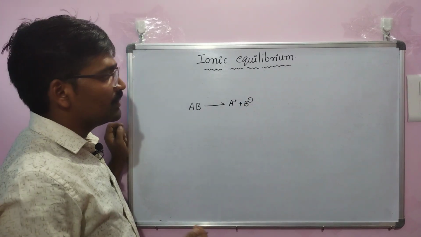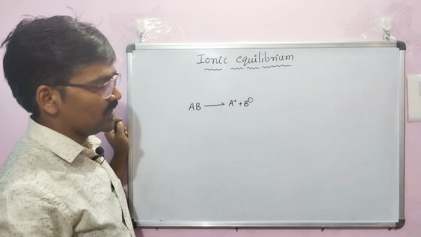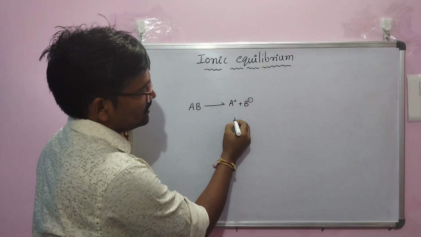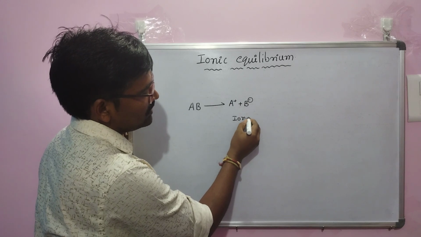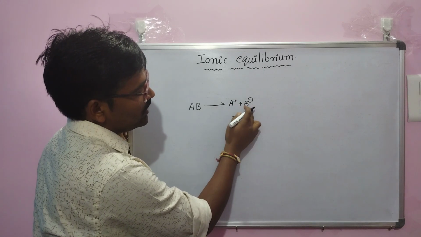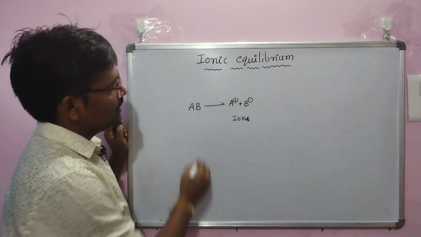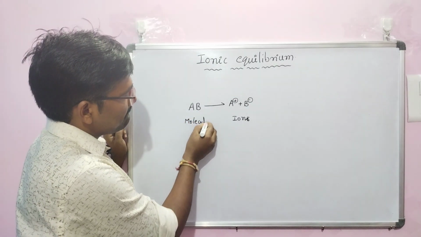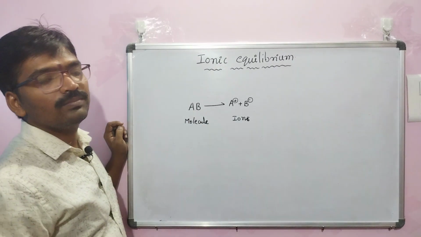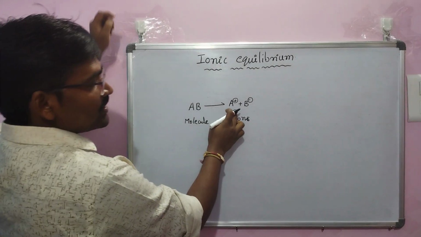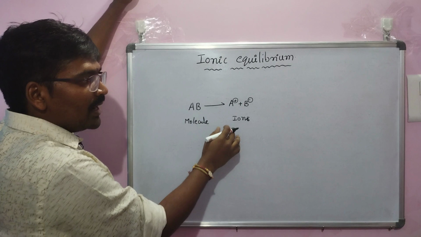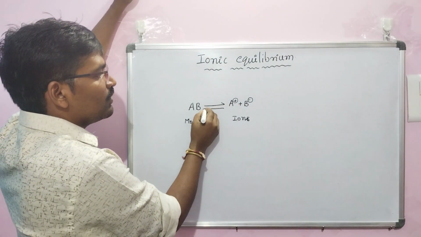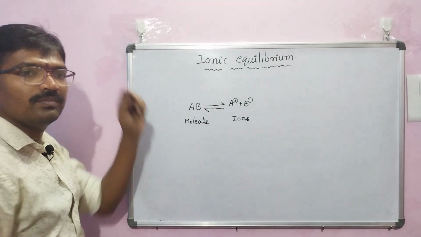These we call ions: one is a positive ion, one is a negative ion. AB is the molecule. These ions again combine to form AB.